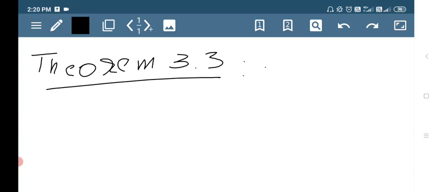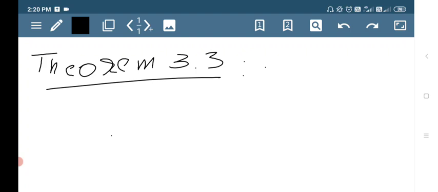The theorem 3.3 states that if a transversal intersects two lines such that a pair of alternate interior angles is equal, then the two lines are parallel. Look at the textbook; I will be explaining what it is.